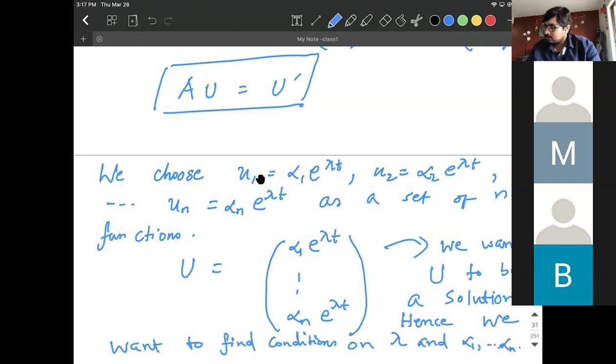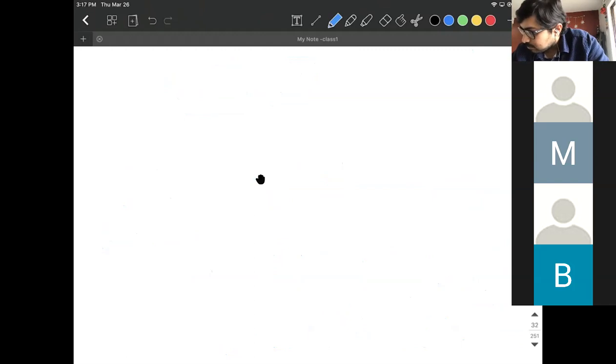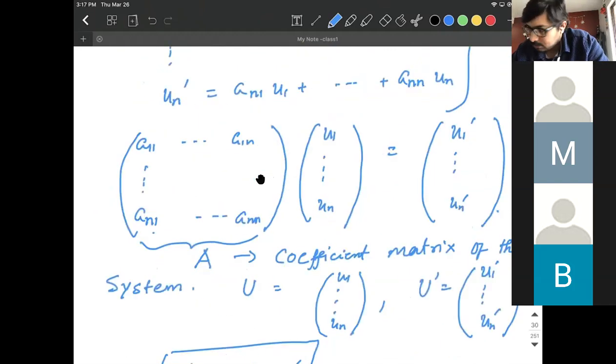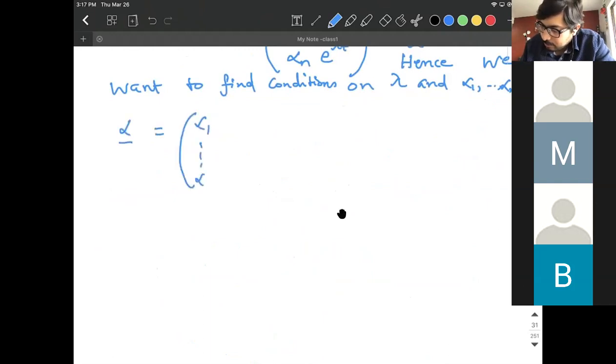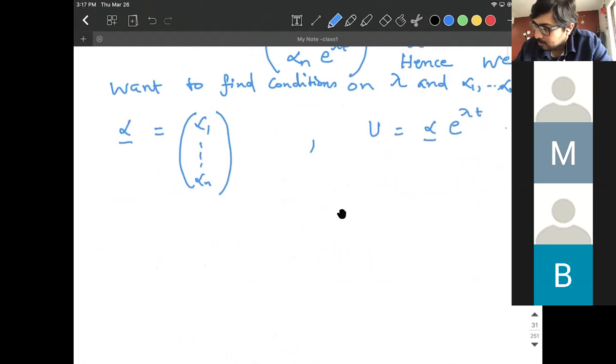Exactly as in the first problem that we did, or that Bob did, to be more precise. Once again, let's call alpha bar this vector alpha 1 up to alpha n. Then U can be written as alpha bar e to the lambda t.